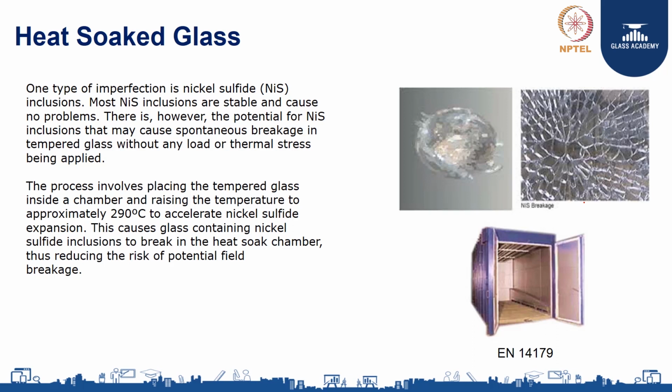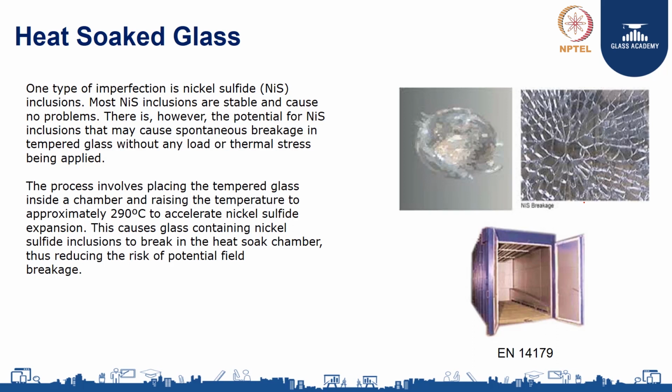We can expect spontaneous breakage on tempered glass. This happens only on tempered glass, not on heat strengthened glass. Why? Because tempered glass has four to five times the strength of annealed glass, so stress is completely induced, and there is no longer a large residual stress.